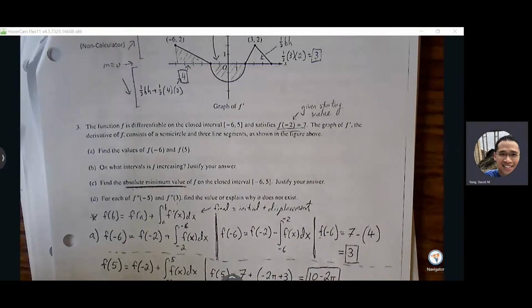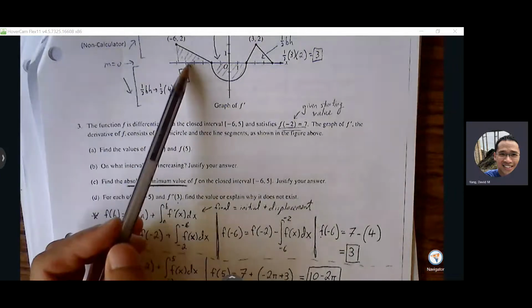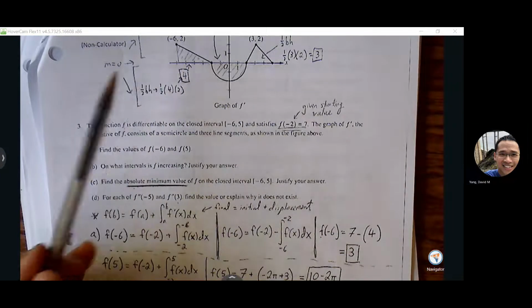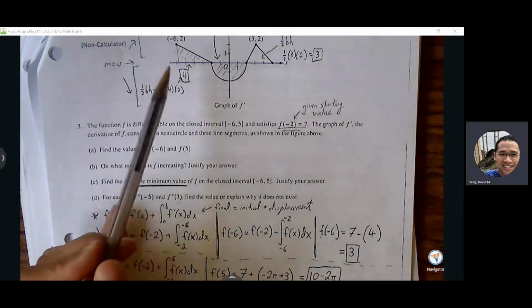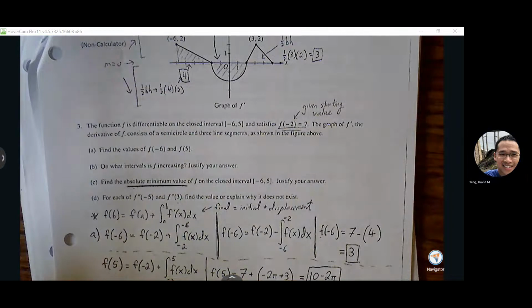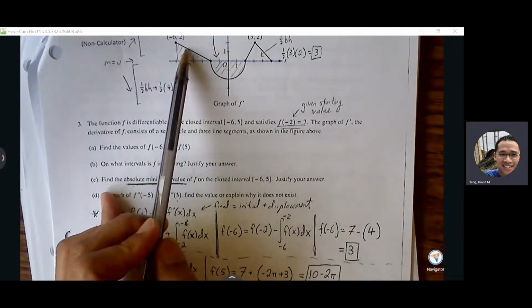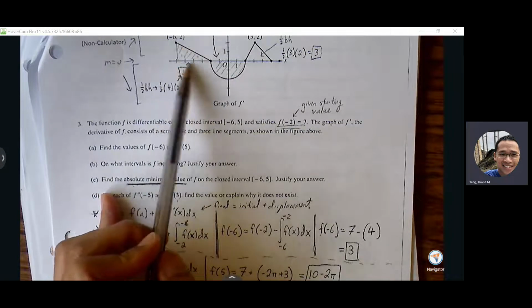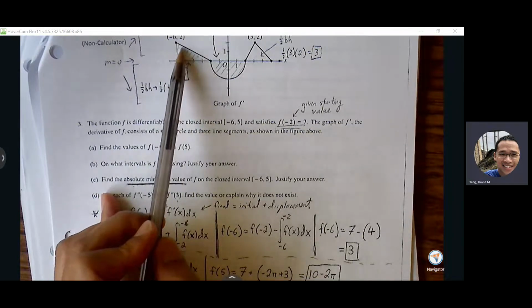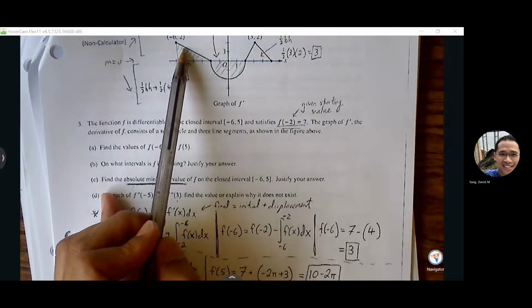The slope of my curve at -5 is this point, which is the slope of this line segment. So I can just do rise over run and figure out the slope at that point, which is the value of f double prime.